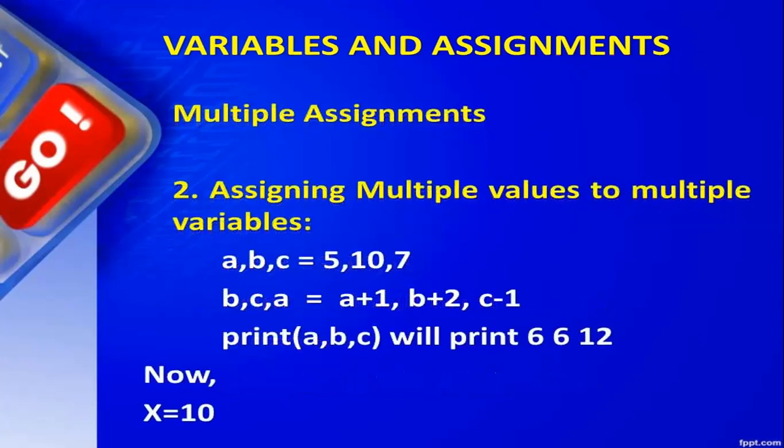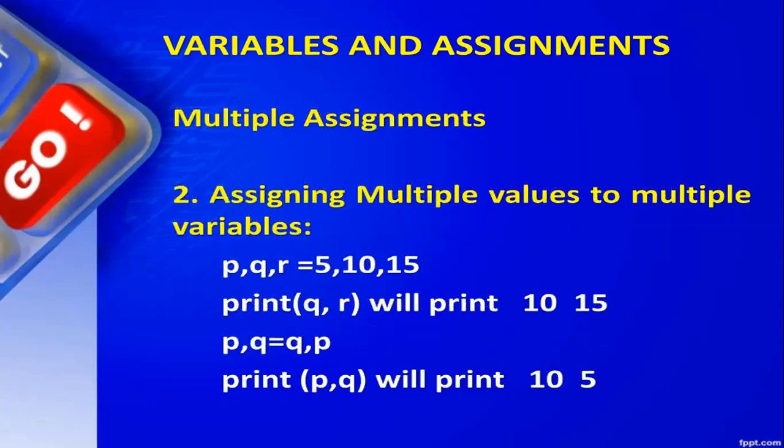Now, if you look at this, you all remember we did the swap of values of variables. We took A and B and then we swapped them. Well, we can do the same thing in this sentence over here, P, Q equals to Q, P. In this, the values will automatically be swapped because P and Q have already got the values of 5 and 10.